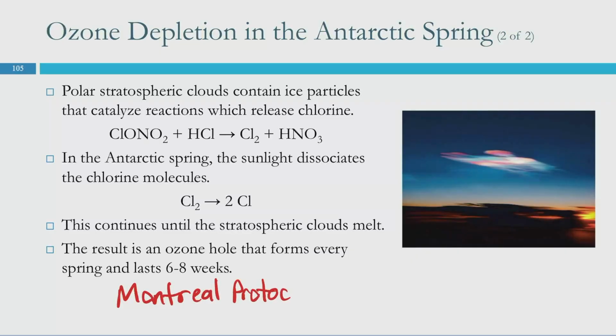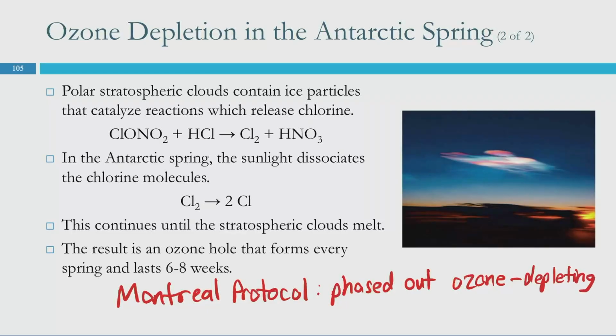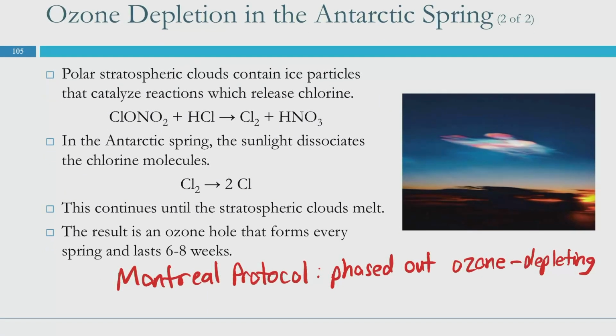So the Montreal Protocol has been around, I think, since the 90s. And every couple of years, they re-up it and agree, yeah, we should ban these other things. The Montreal Protocol phased out a lot of chlorofluorocarbons, and most of the world at least agreed to do this.